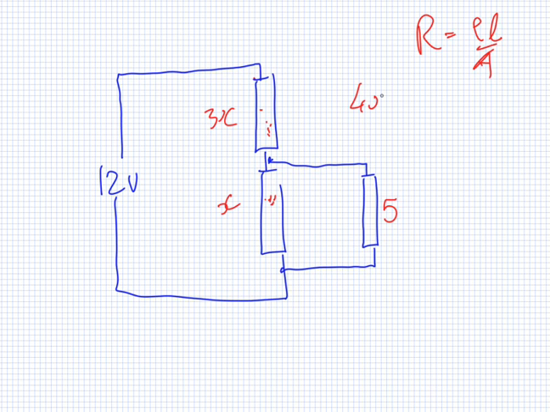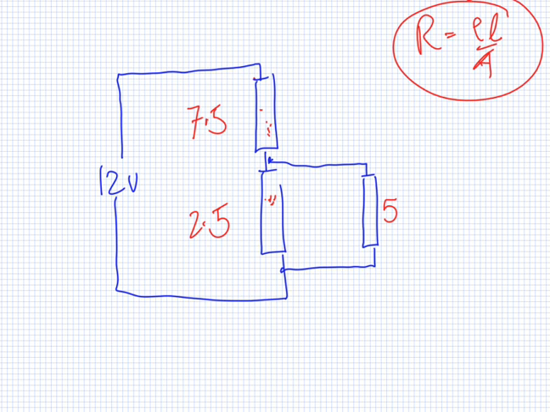The total is 4x, which should be 10 ohms. So then x is 10 over 4, 5 over 2, 2.5. So you get here, this is 7.5 and this is 2.5. Now if you're not happy with that, you can just use this formula here.